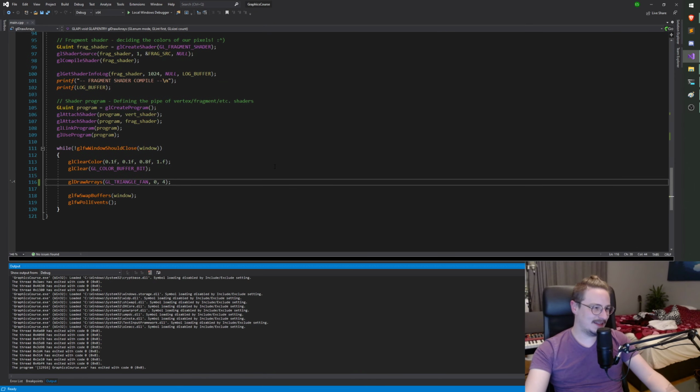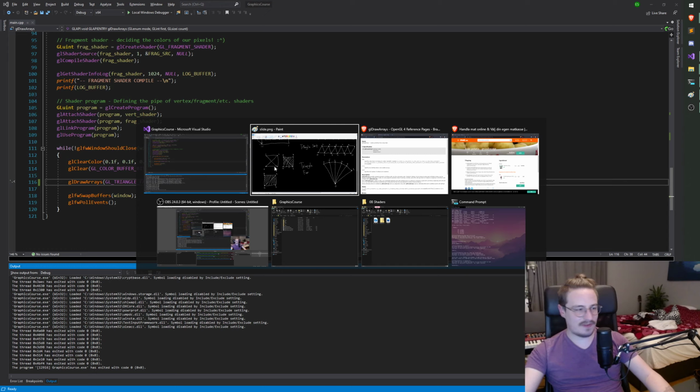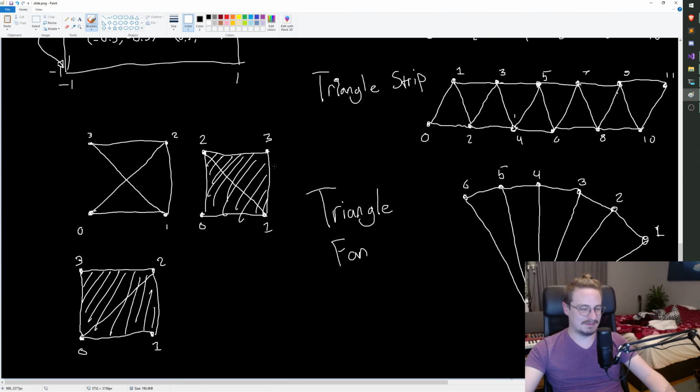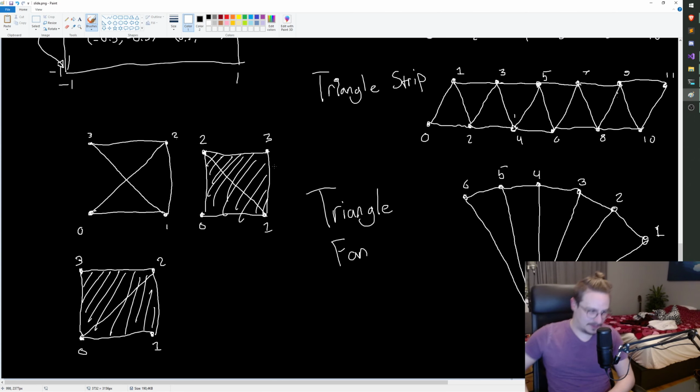It doesn't really matter, because I've never used fan in my life. Maybe once. Strip I used sometimes when I'm feeling super clever, and then it turns out to be worse than just using triangles. So you will never really be considering when to use triangles versus triangle strip versus triangle fan.